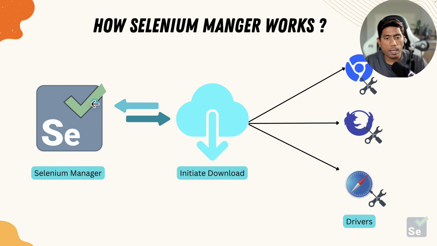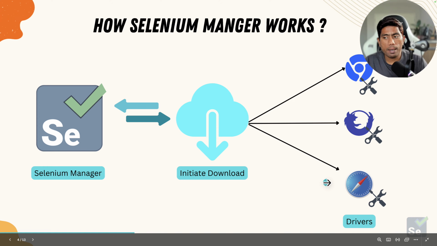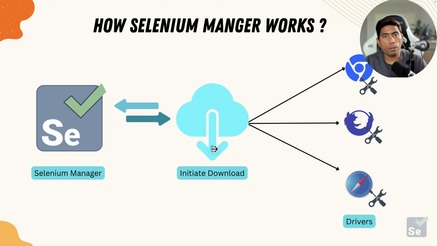Then this Selenium Manager is responsible for initiating the browser driver download, like for the Chrome driver, the Gecko driver, and the Safari driver. And then based on the driver that you specify in the code, it is going to launch the browsers for you. That is how things are happening for you behind the scenes.